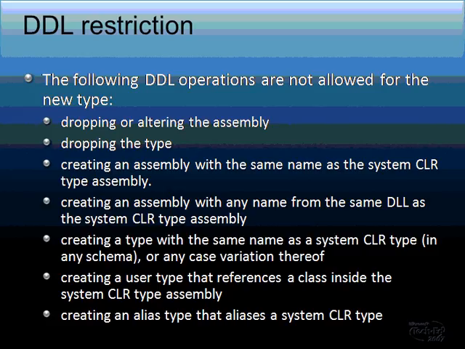For example, you cannot alter the assembly, you cannot drop the type, you cannot change any user reference, and you cannot create an alias type that aliases a system CLR type. So the DDL operations you can do for a regular CLR UDT type are limited here, because they're system built-in types, so we cannot modify or drop them.